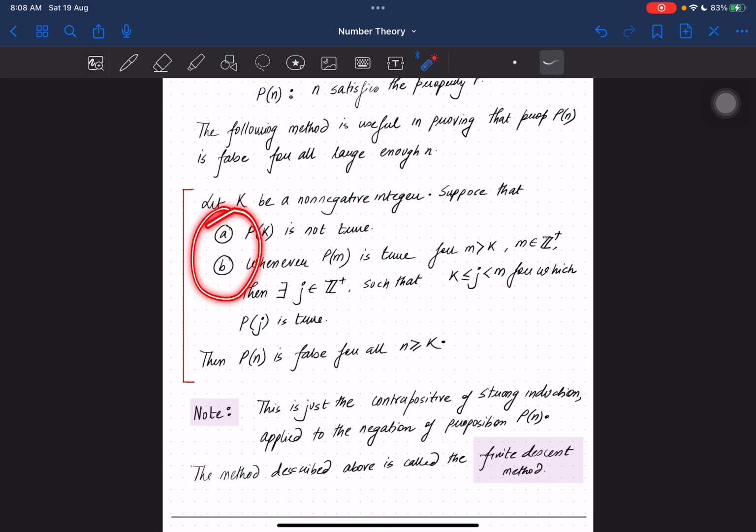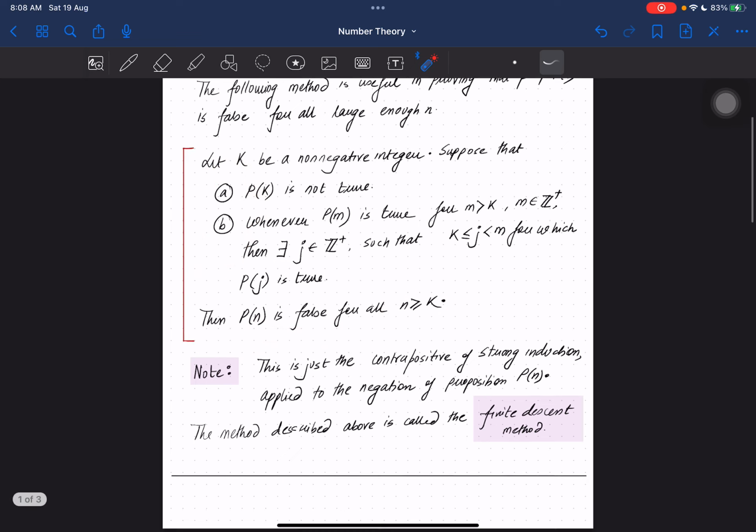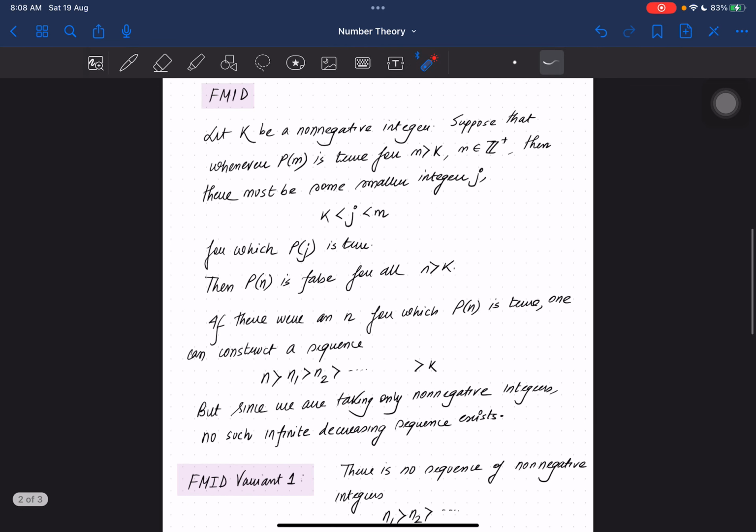Then these two things imply that Pn is false for all n greater than or equal to k. And then infinite descent: k is a non-negative integer, and suppose that Pm is true for all m greater than k, then there must exist some integer j between k and m for which Pj is true. Then Pn is false for all n greater than k.